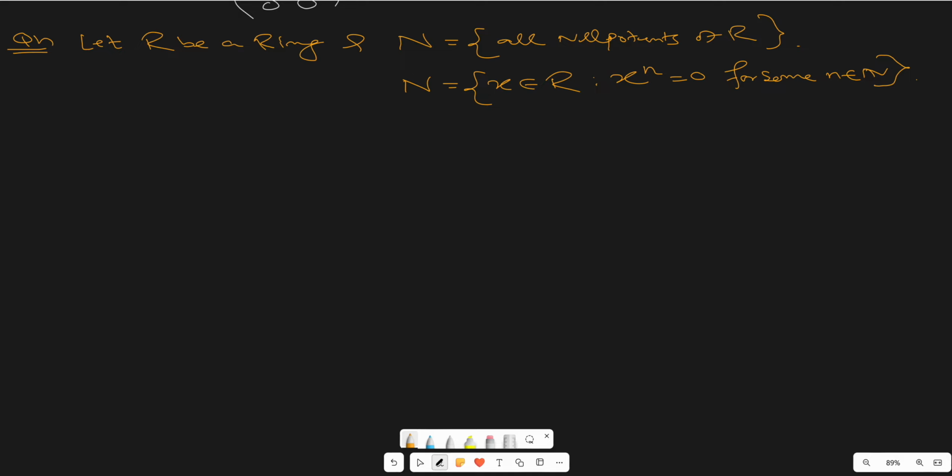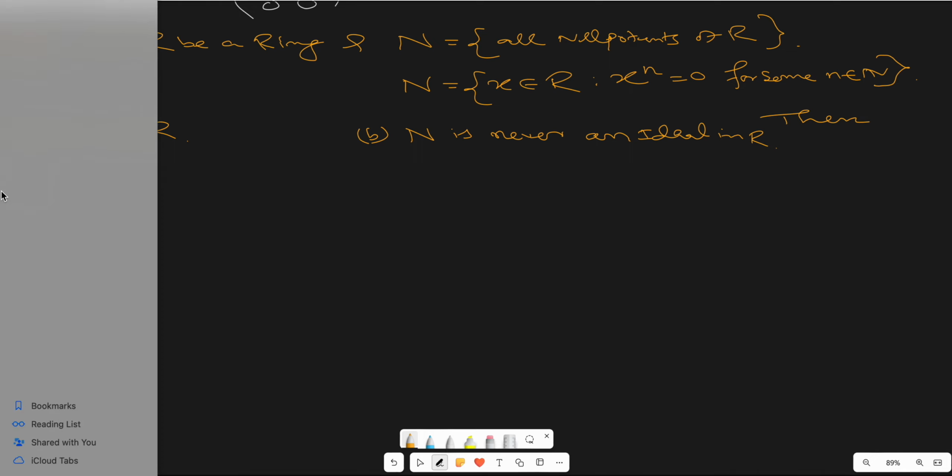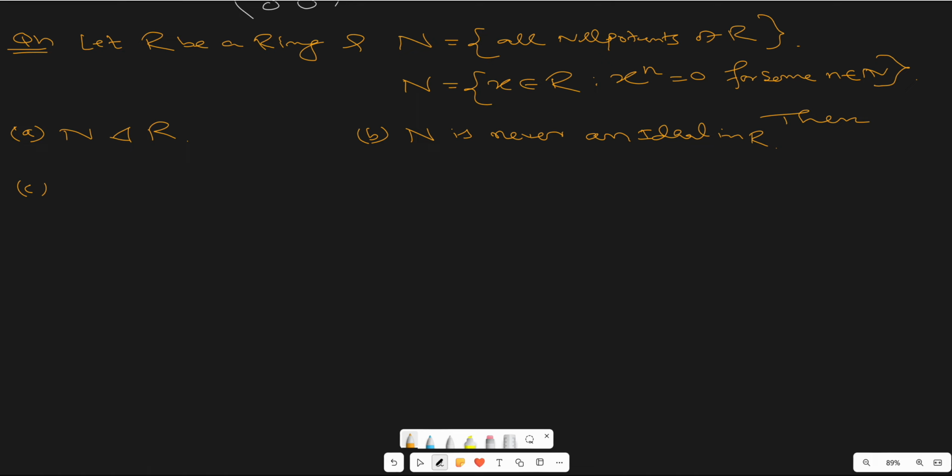So then option A: N is an ideal in R. Option B: N is never an ideal in R. Option C: if R is commutative, then N is not an ideal.